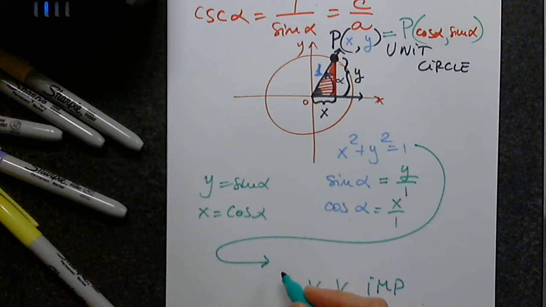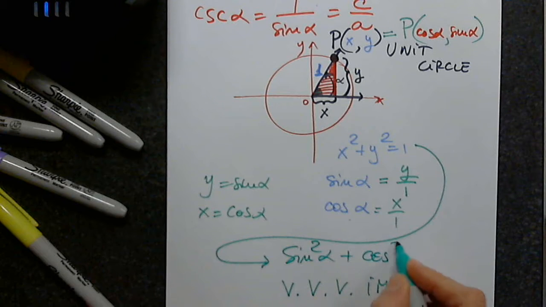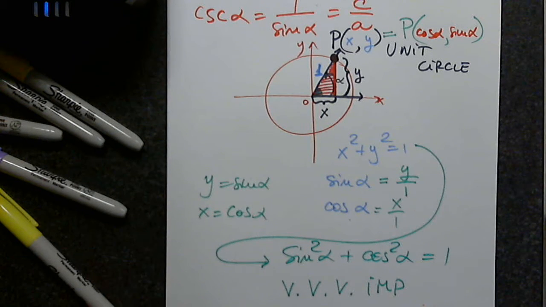But there is a sign in there, right? Sine squared alpha plus cosine squared alpha equals 1. That's always the case for the same angle. The most important trig identity, the Pythagorean trig identity.